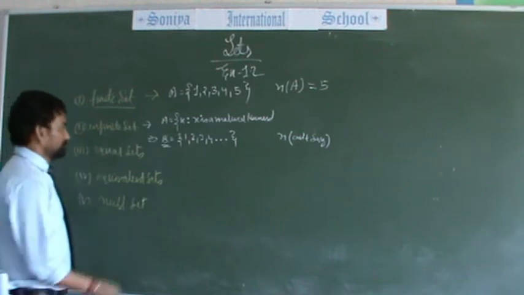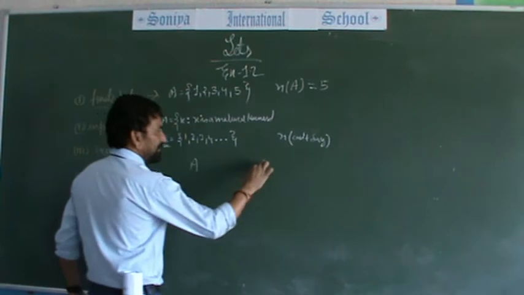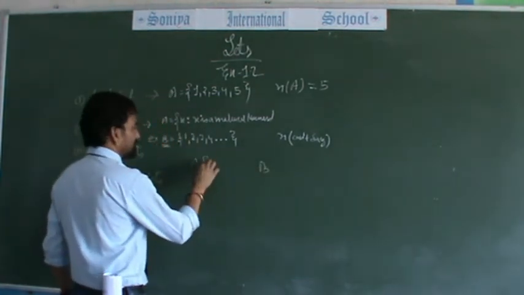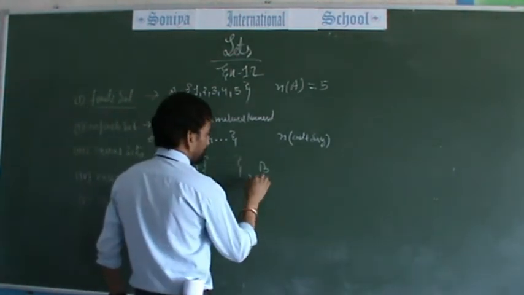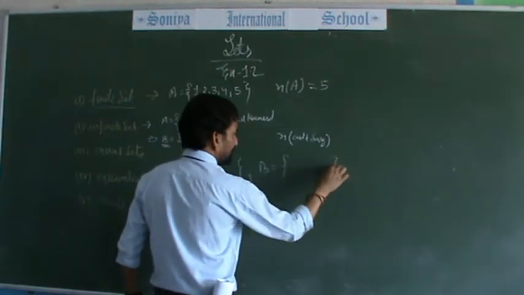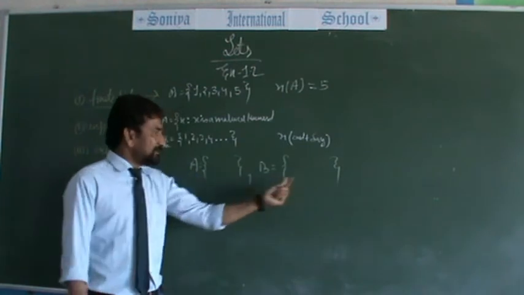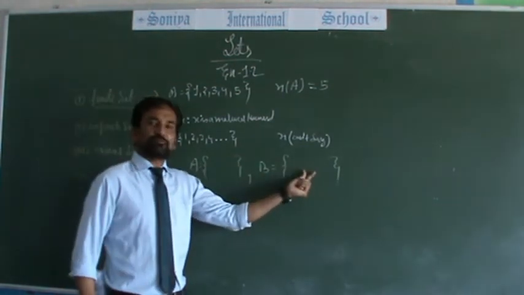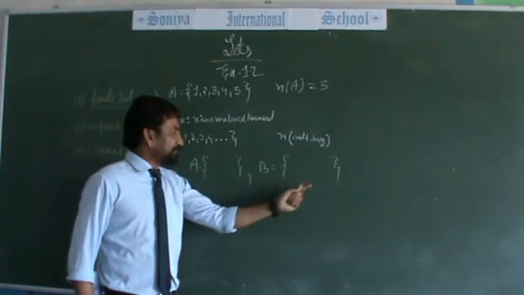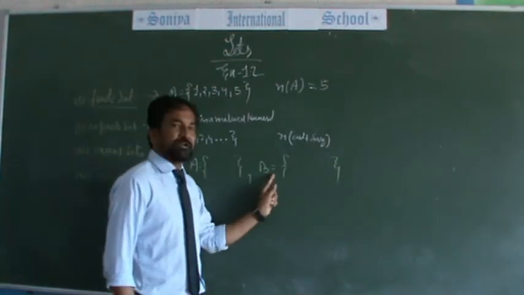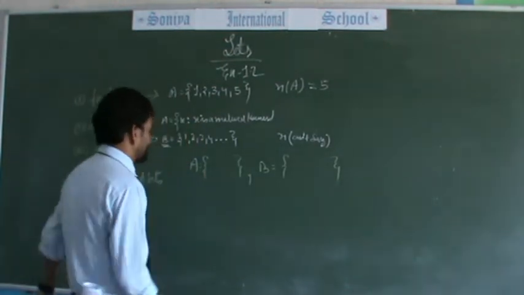Equal sets. If A and B are two sets where the cardinal numbers of both sets are equal, as well as the elements are the same, then set A and set B are said to be equal sets.